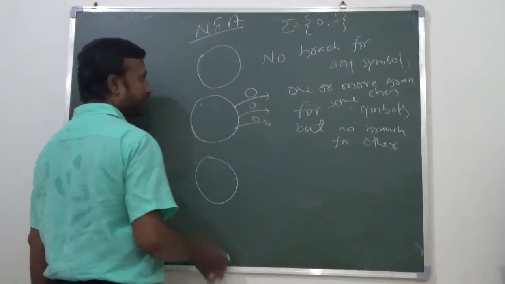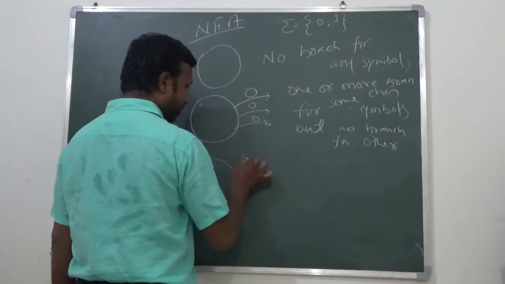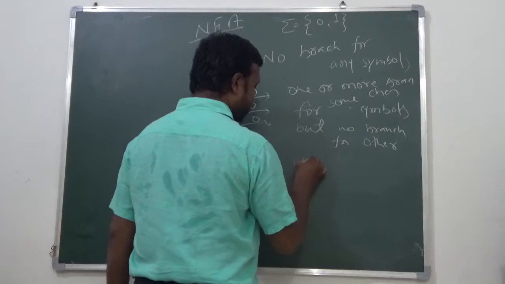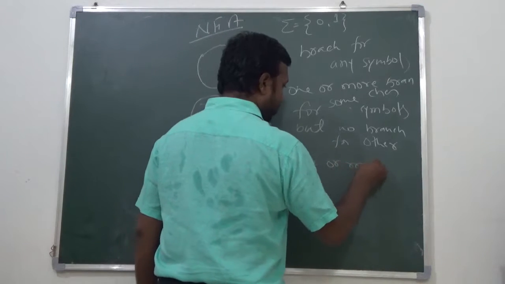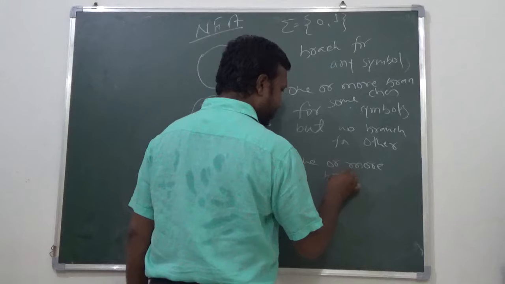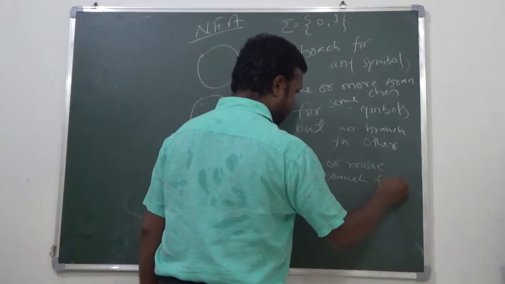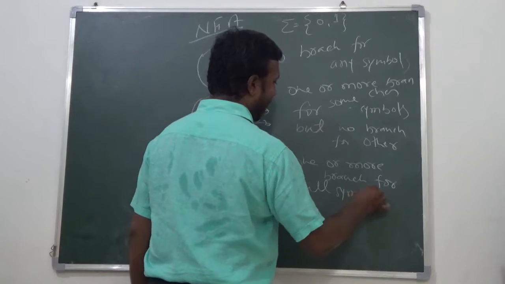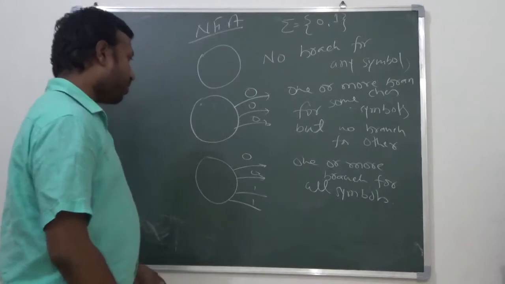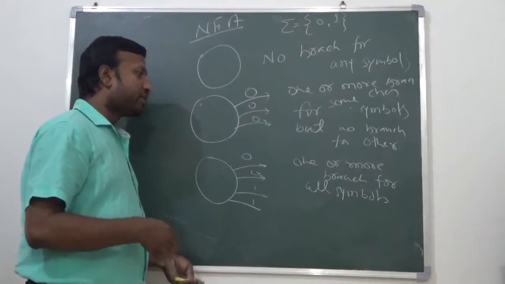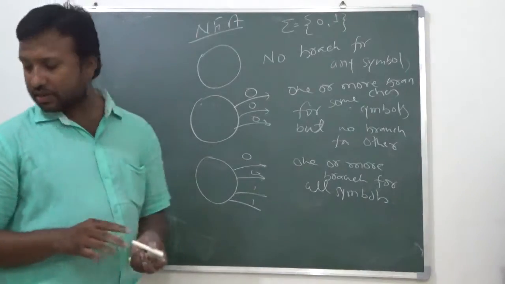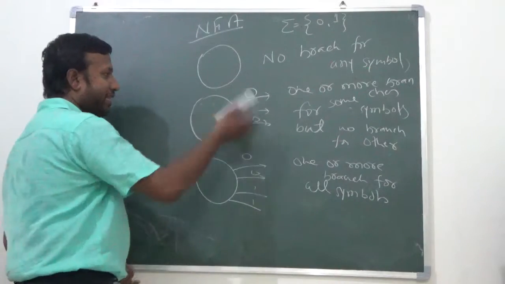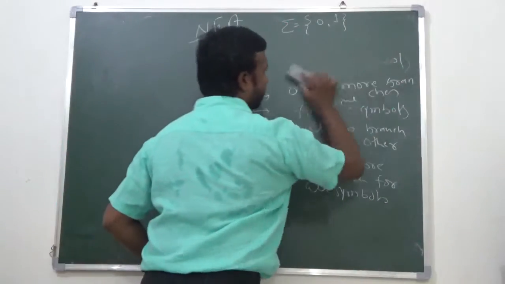The third possibility is one or more branches for all symbols. Whether it is 0 or 1, we may have one or more branches for that particular symbol.